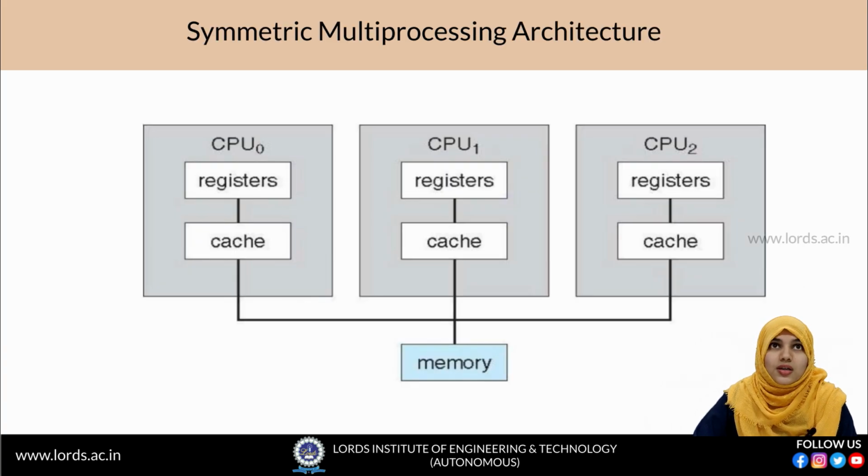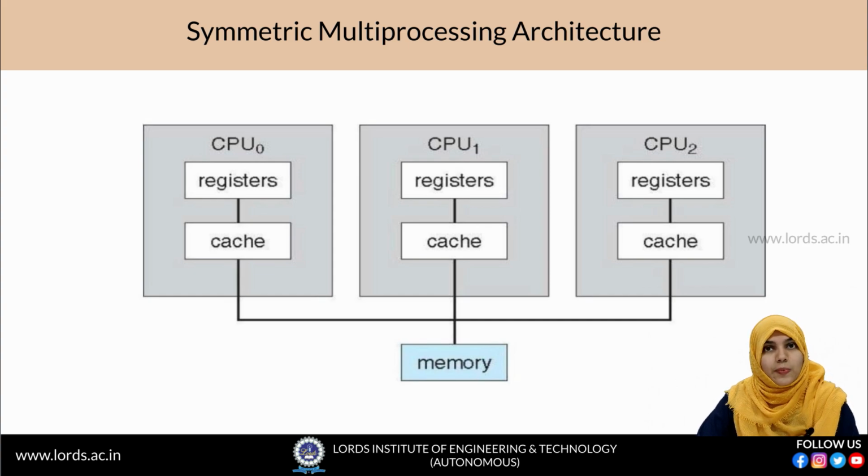Next, let me see the symmetric multiprocessing architecture. Over here, all the processors, just as we have seen, CPU 0, 1, and 2, all have access to a shared memory. But each and every processor has its own local register and its own local cache memory. Over here, there is no master and slave.